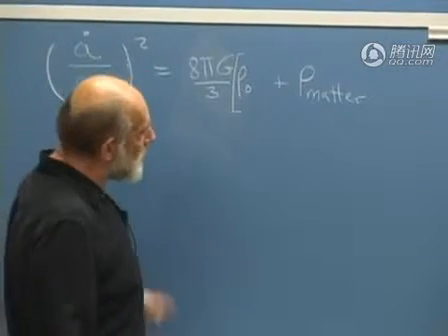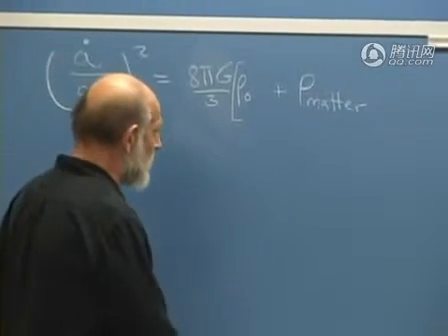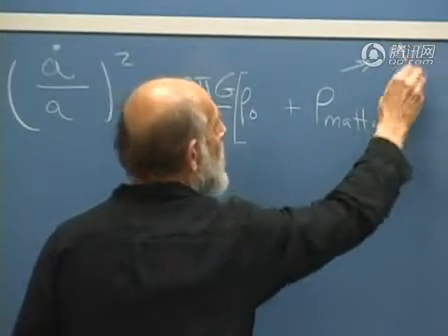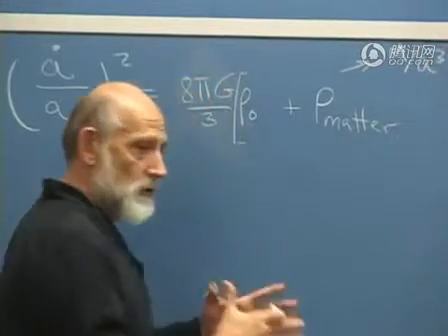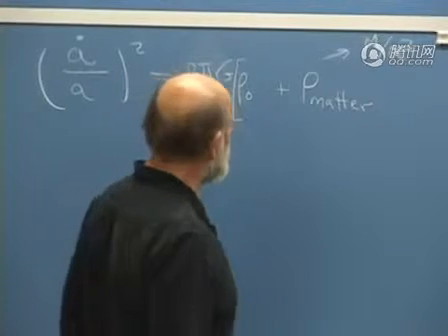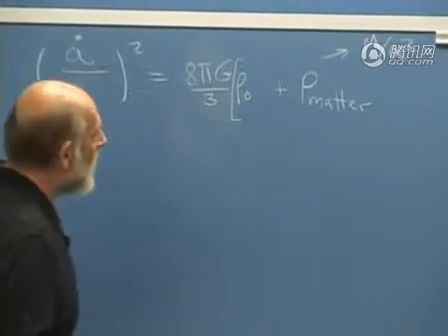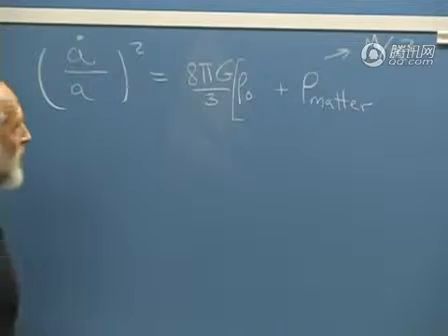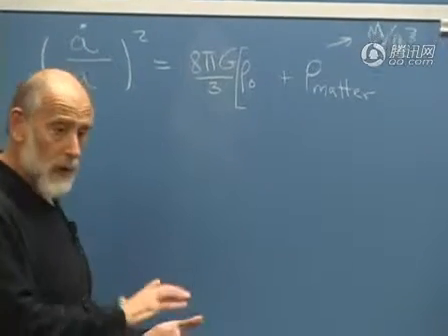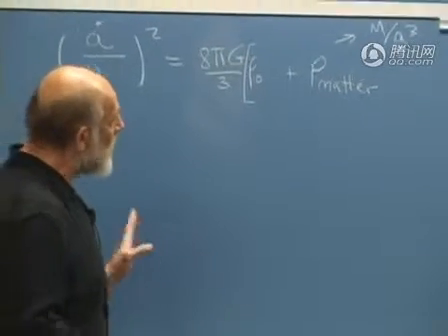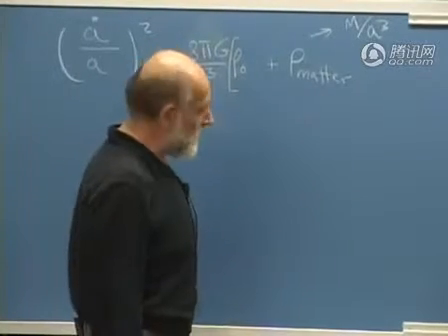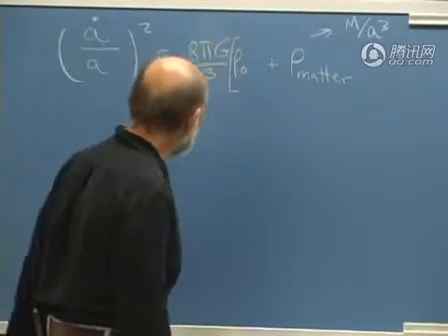And just to remind you, this part here is some constant, let's call it m, divided by a cubed, so it dilutes with expansion. There might also be a radiation part, but let's ignore it. It's very, very small. After the period when the universe was very, very hot, when it cooled below the temperature of the sun, let's say, radiation was not so important, and the matter part of the energy density was the important part.